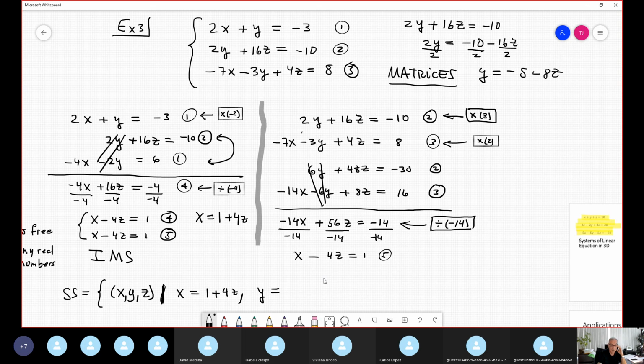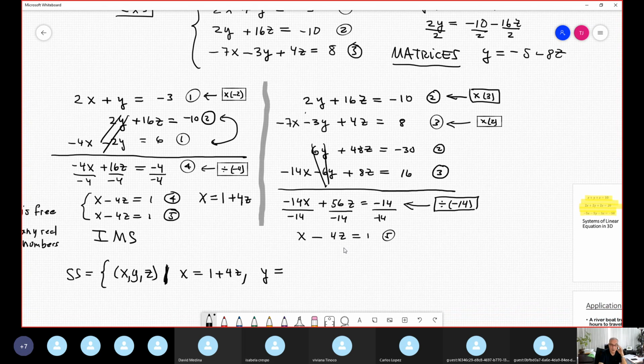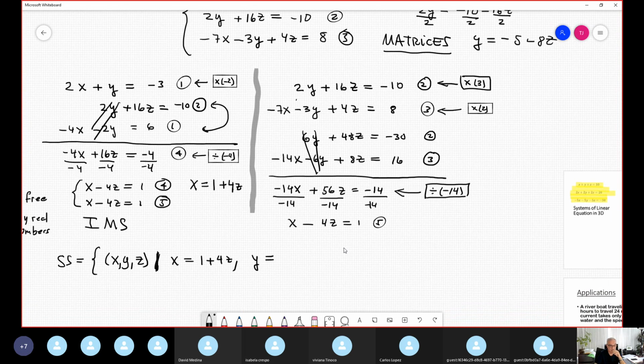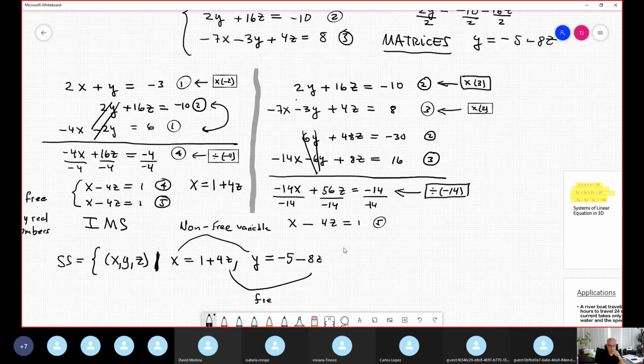Okay, no, super. We almost finished. y alone is -5 minus 8z. This is the connection between the non-free variable and z, which is the free variable. z is a free variable.